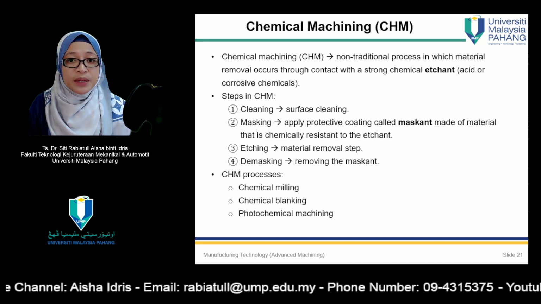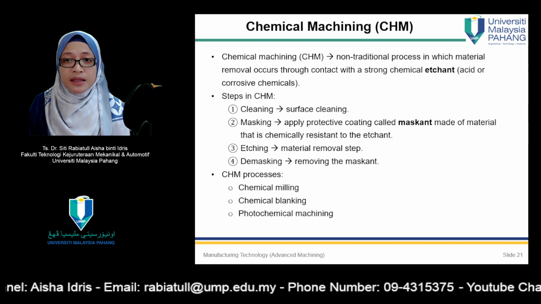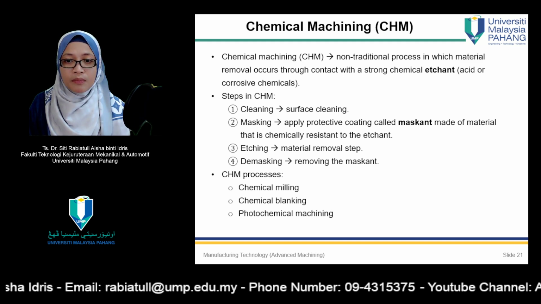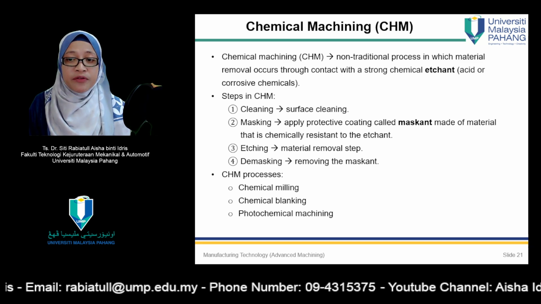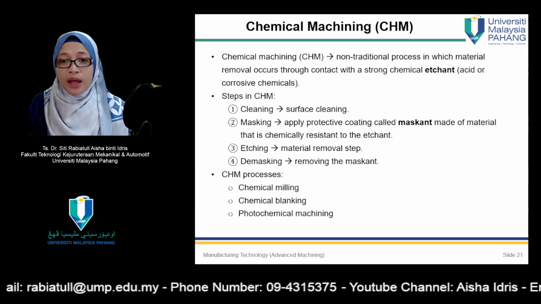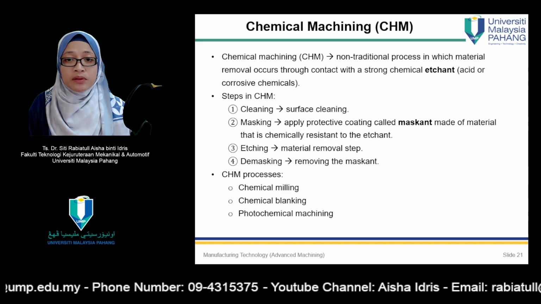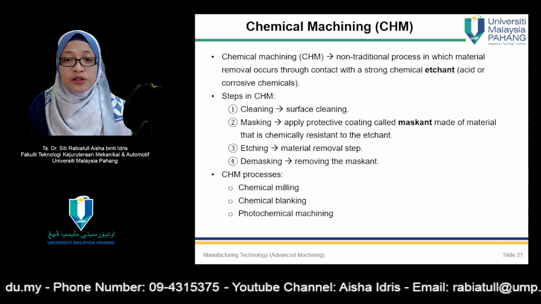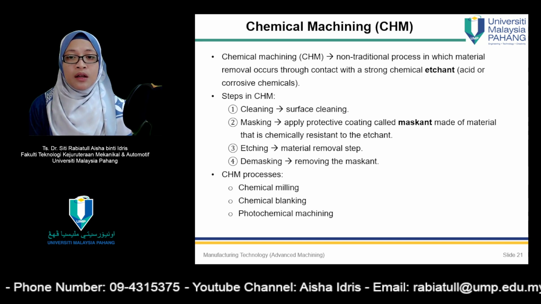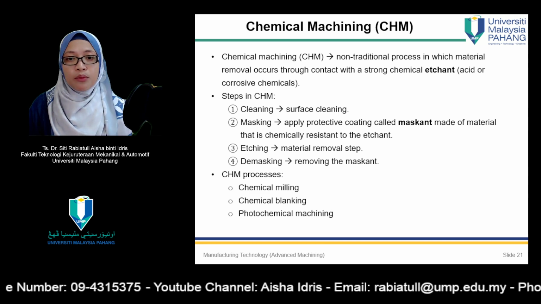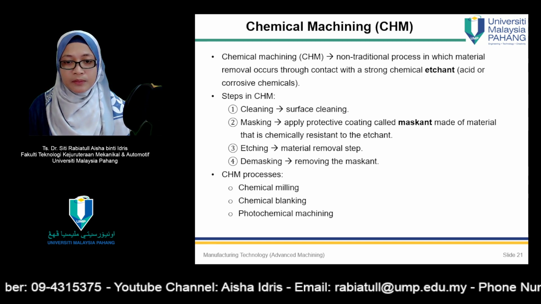The chemical machining process consists of several steps. Differences in applications and the way in which the steps are implemented account for different forms of CHM. The steps include, number one, cleaning.